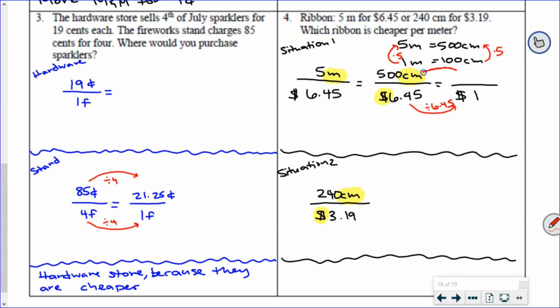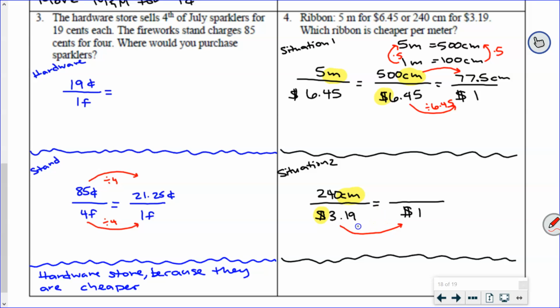So we need to give that top number the same treatment. 500 divided by 6.45 is equal to 77 point, and there's more decimals, but I'm just going to stop at the tenths place, 77.5 centimeters of ribbon for $1.